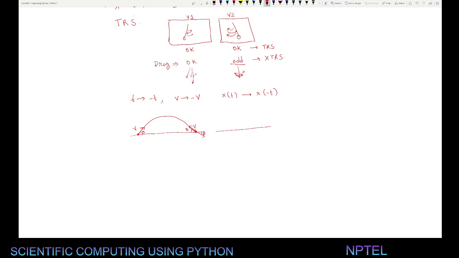Now if there is some friction, we have all seen one example of this, right? It's the javelin. It looks something like this. If you look at the throw, it starts off very linear and then it curves.